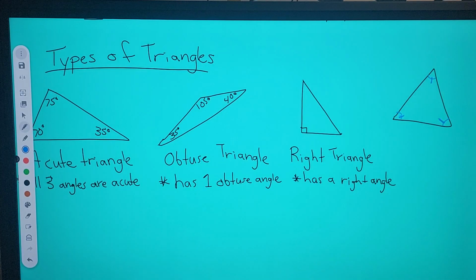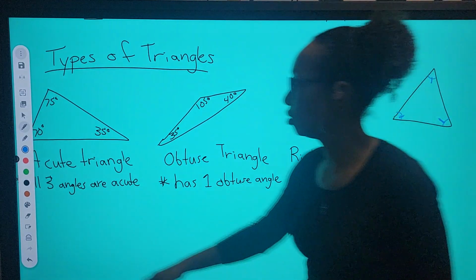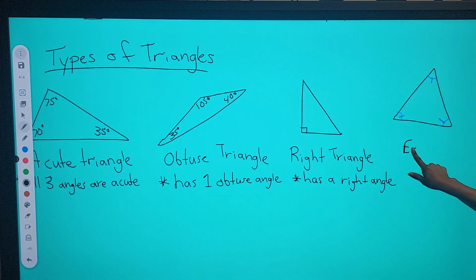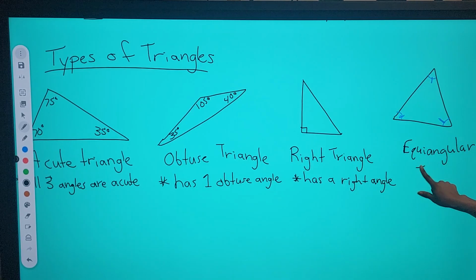And this is an equiangular triangle because all the angles are equal. Equiangular. An equiangular triangle has three equal angles.